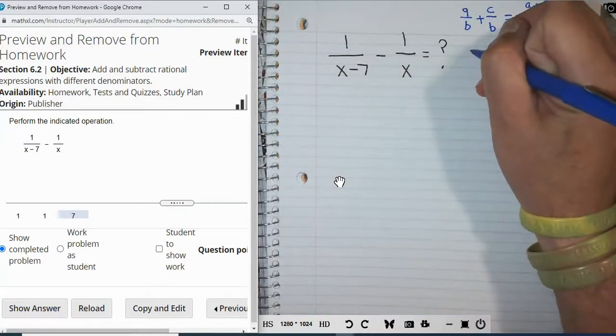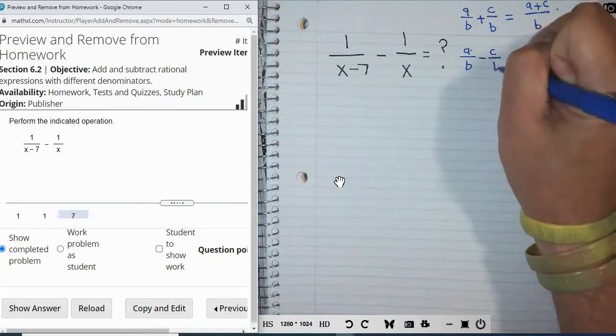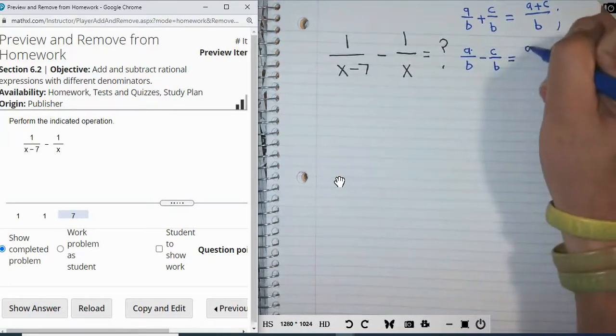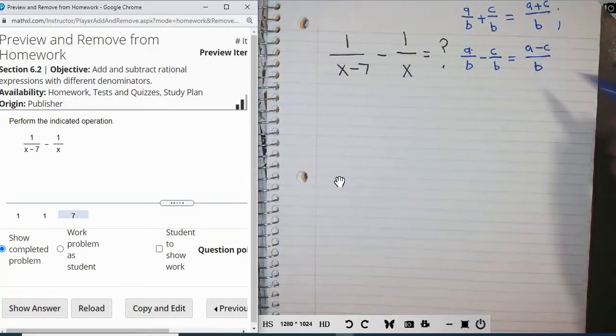So we would have a over b minus c over b, and that would be a minus c over b. Again, we keep our common denominator there, and we would subtract our numerators there. So those are the two big concepts that we're going to draw on here.